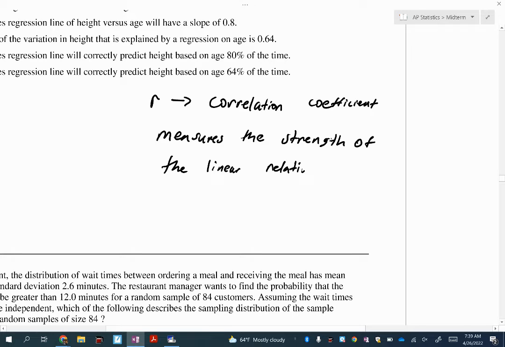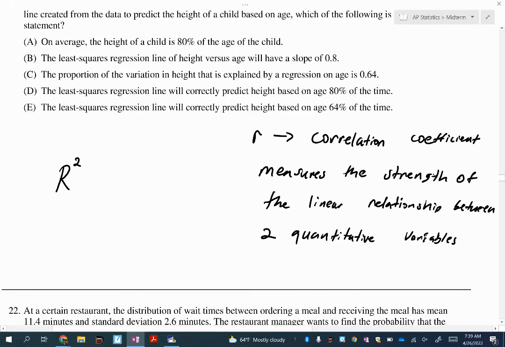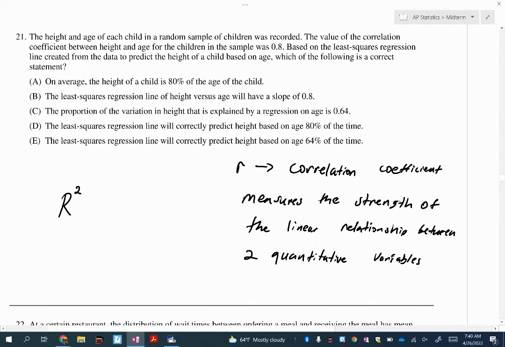Remember, it's always a linear relationship between two quantitative variables. So that's the correlation coefficient.